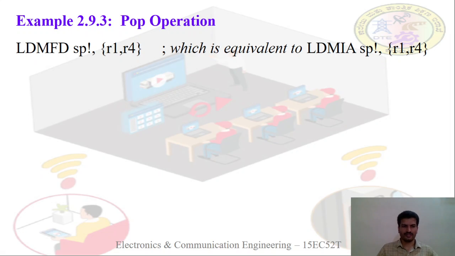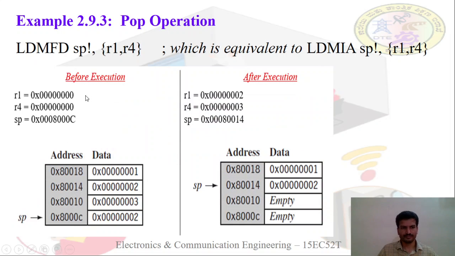So let us consider LDM, the pop operation. LDM FD. Again the base register is SP, with R1 and R4. FD means full descending.